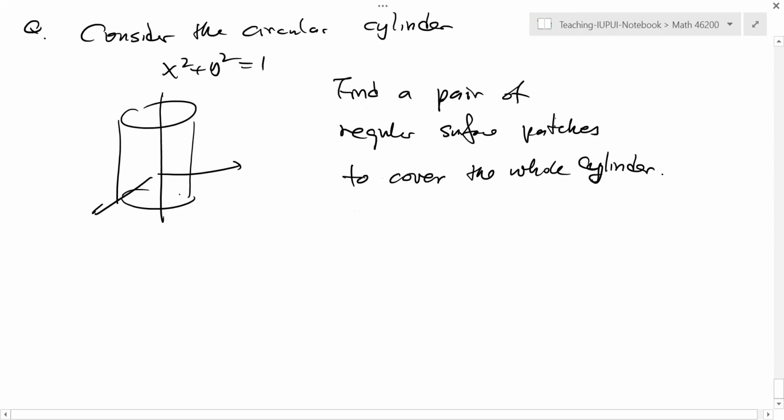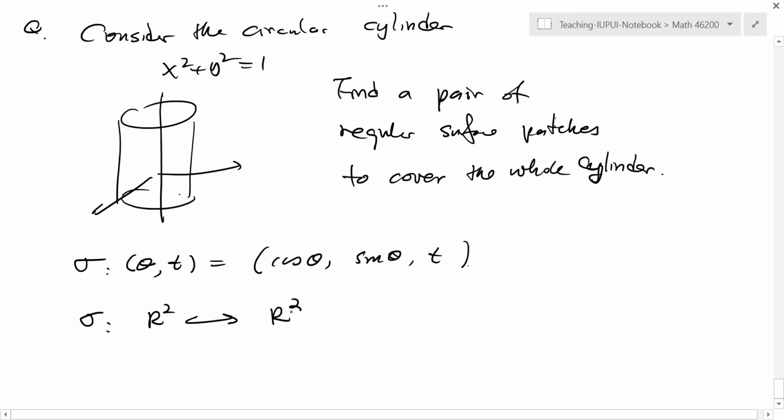I define a map, and I'm going to call it sigma of theta and t. This is (cosine theta, sine theta, t). That's it. So sigma is from R2, no restriction on theta, into R3.